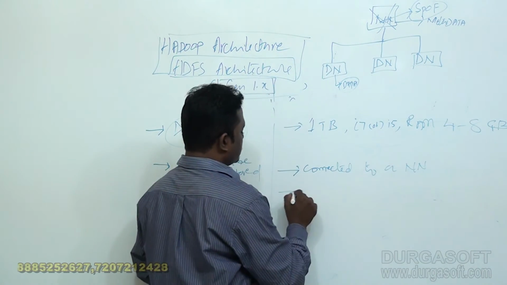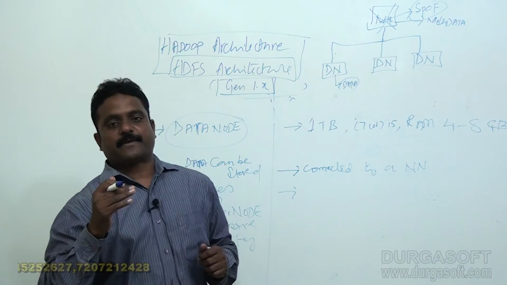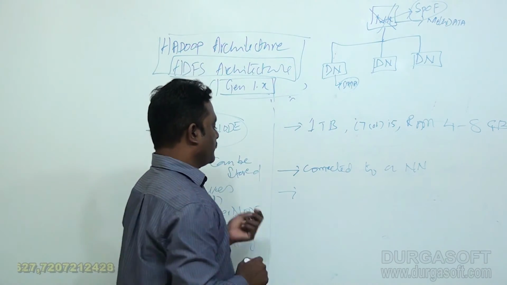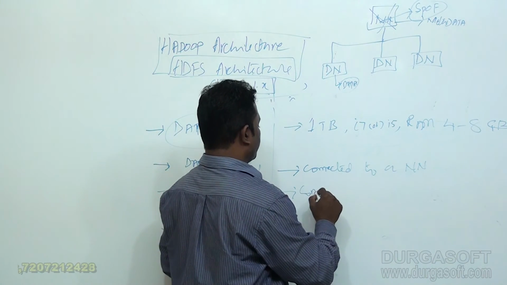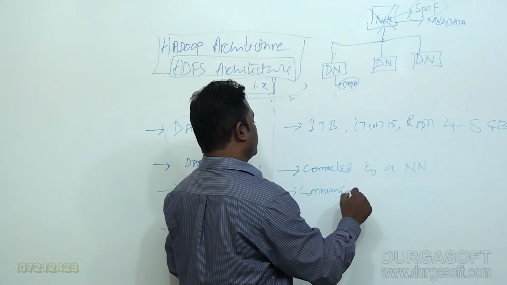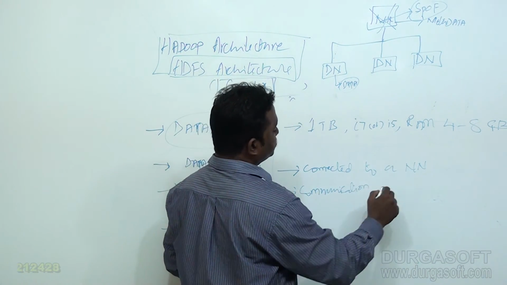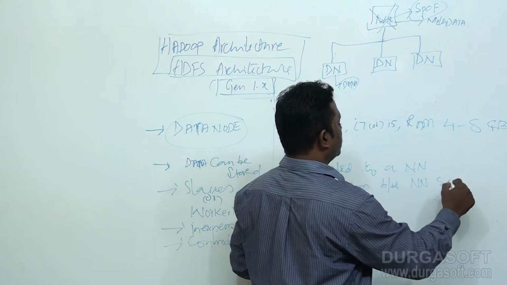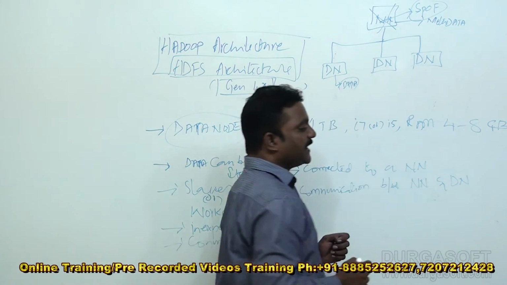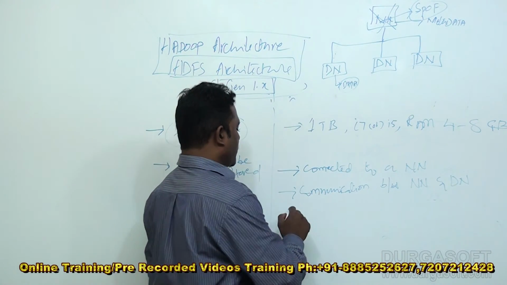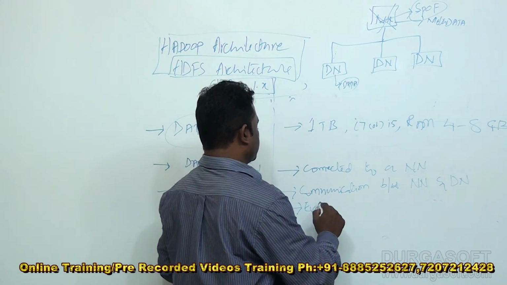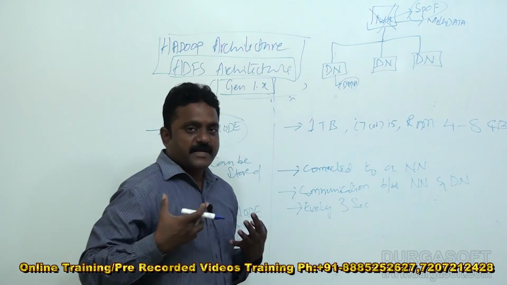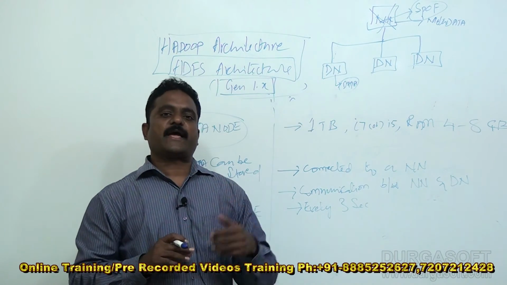There is always a communication happening between the name node and the data node. Remember, every 3 seconds there is a communication happening between the name node and the data node.